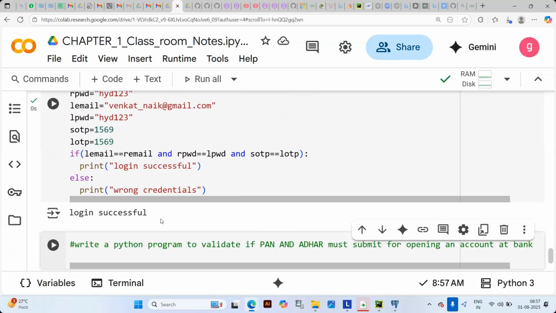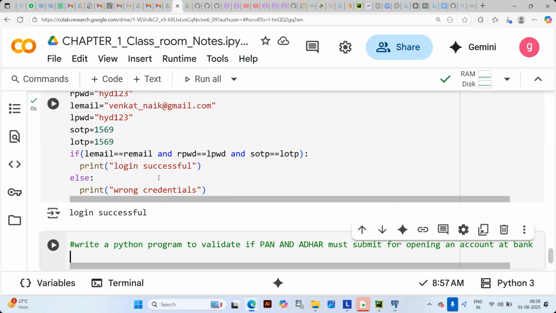If both are submitted, then I can say that you are eligible to open an account. If any one of them is not submitted, you have to tell the user that you are not eligible according to the RBI policies.